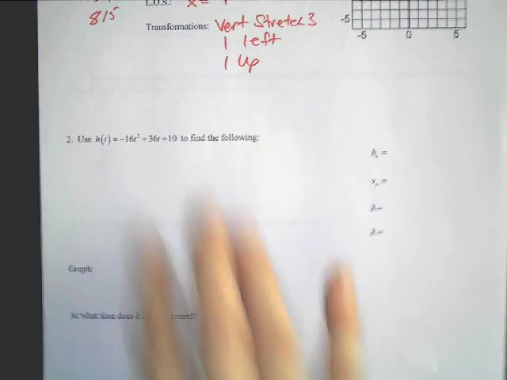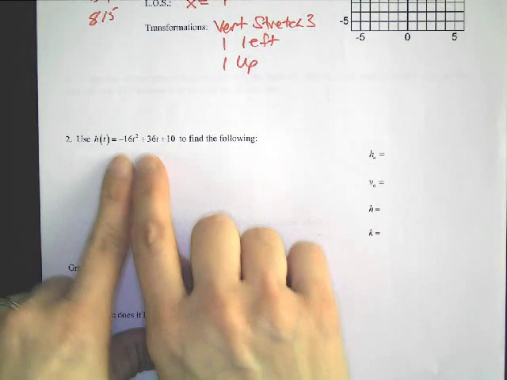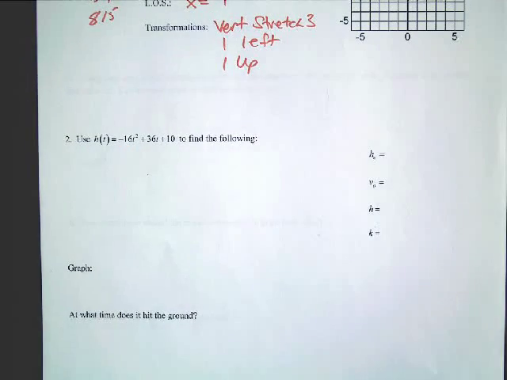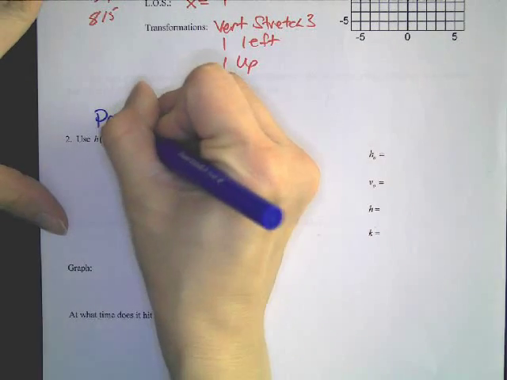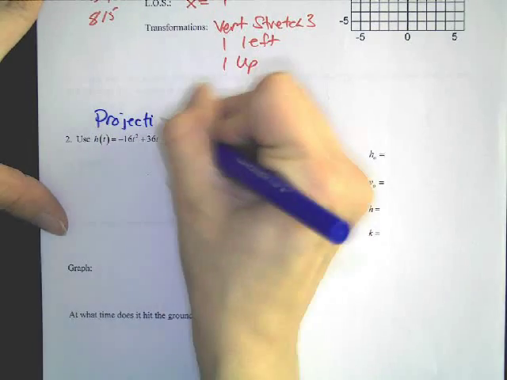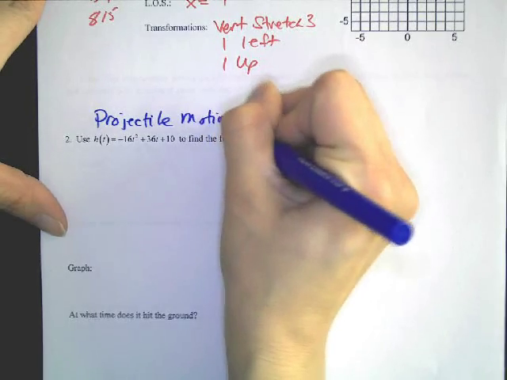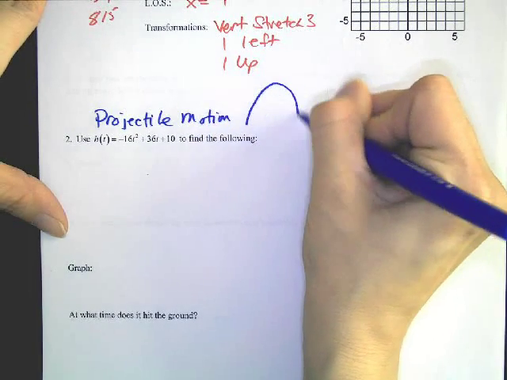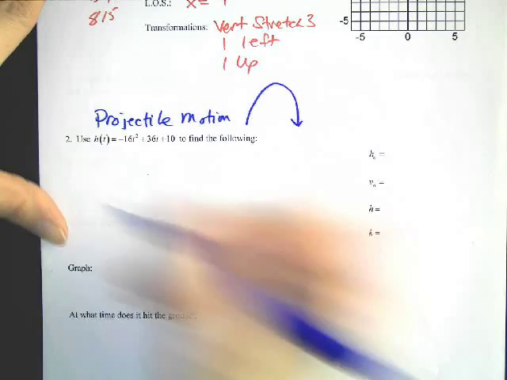Okay. Here's a really nice parabola question. This equation was for something special. Projectile motion. Okay, so projectile motion is when you throw something into the air, it comes back down. It's the shape of a parabola.